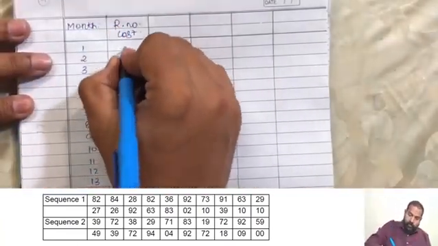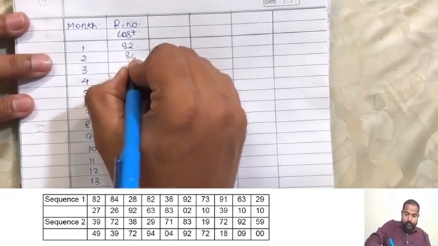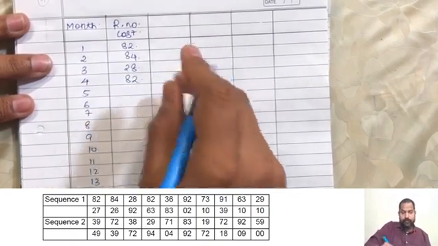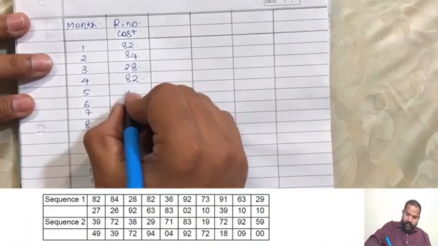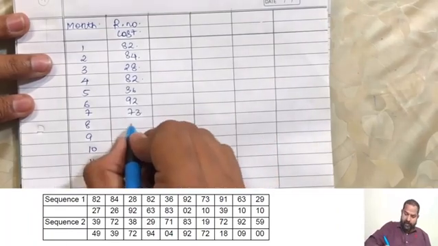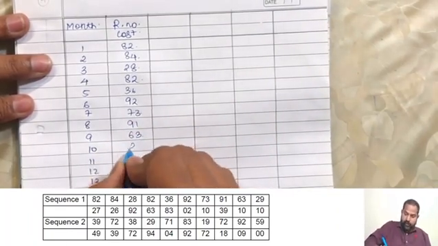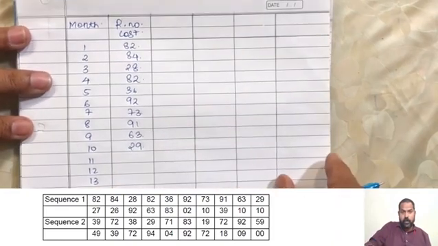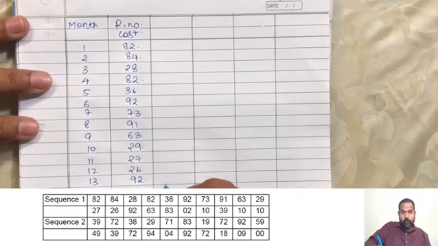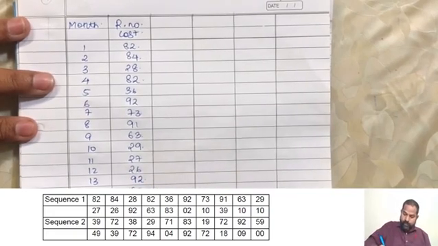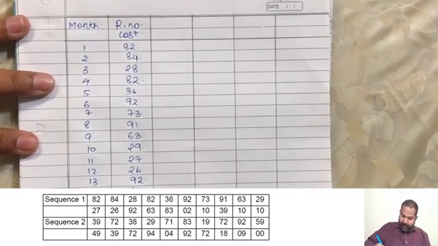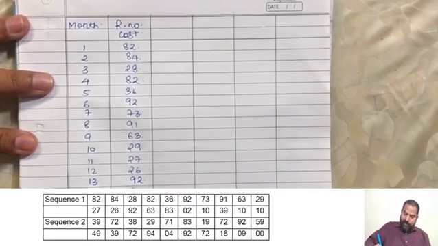So random number for cost will be 82, 84, 28, 82, 36, 92, 73, 91, 63, 29, 27, 26, 92, 63, 83, 2, 10, 39, 10 and 10.